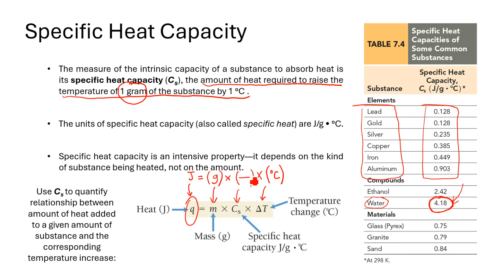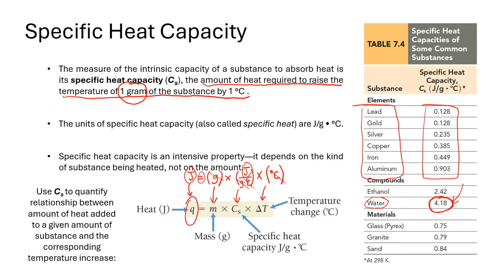Well, if we want grams and degrees Celsius to cancel, we need to put it on the bottom of the fraction, and we need joules on the top. This makes sense because the grams cancel and the degrees Celsius cancels. And now joules is equal to joules, right? The unit on the left has the same unit on the right side of the equation.